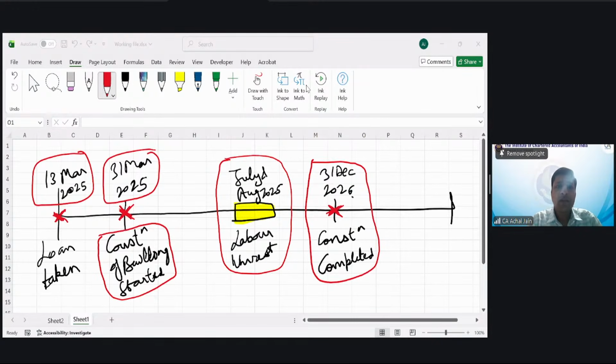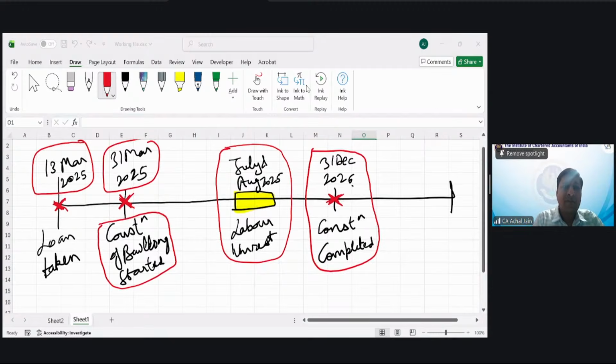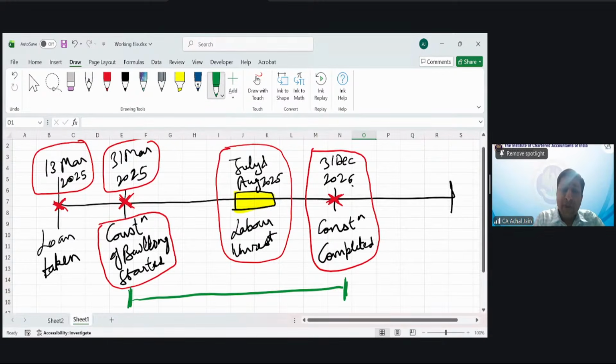Okay. Now, in the given case, when do you start? You start from this date. When do you end? This date. But during this period of 2 months, you should not be capitalizing.